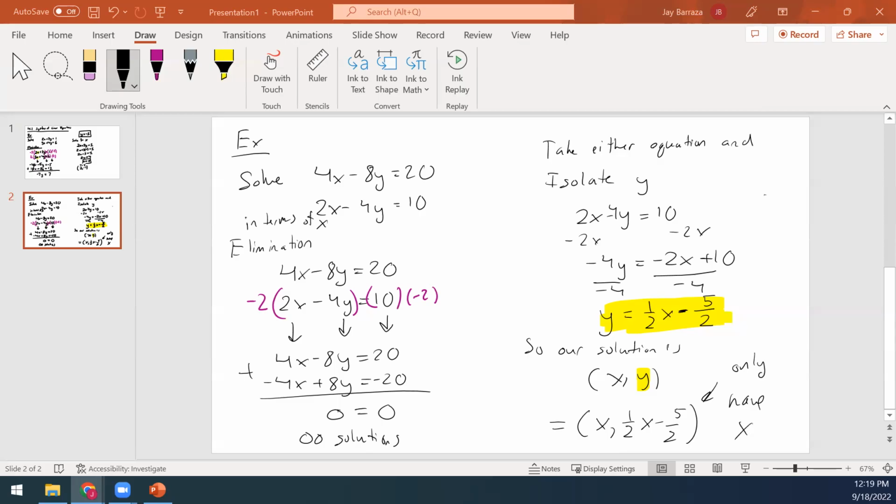So the third example on the homework is the infinite solution case, sorry, the no solution case. We can just do that one, or actually, no, we'll do the word problem. But if you run into the no solution case, you're going to get something like 0 equals 5. Like you're going to get two numbers that don't match.